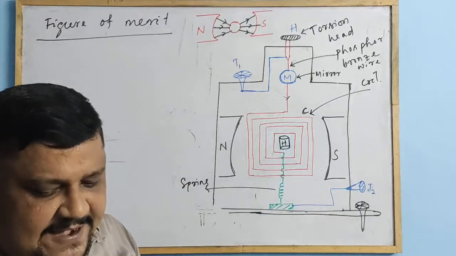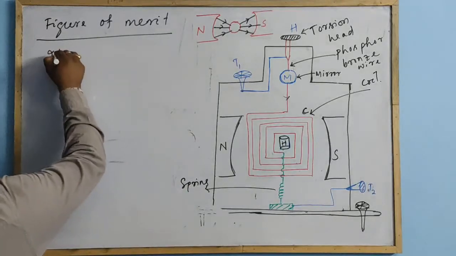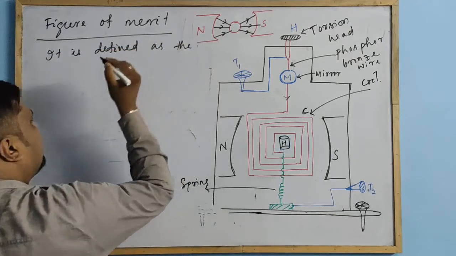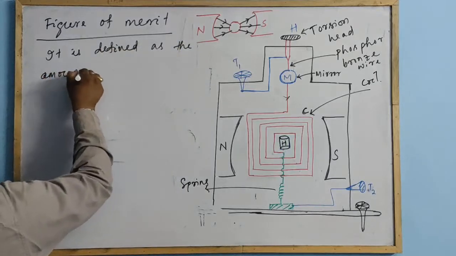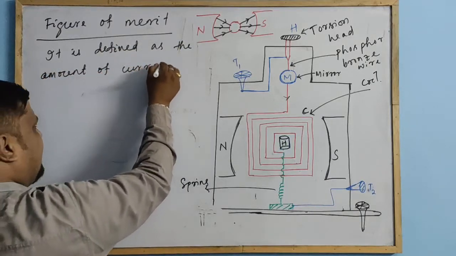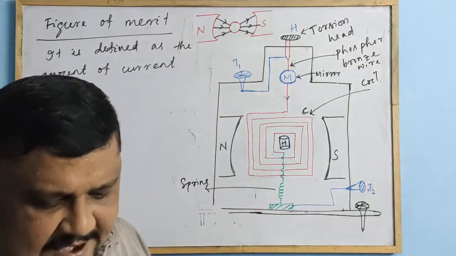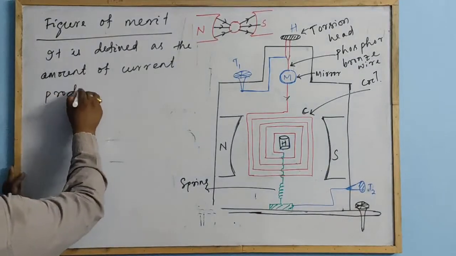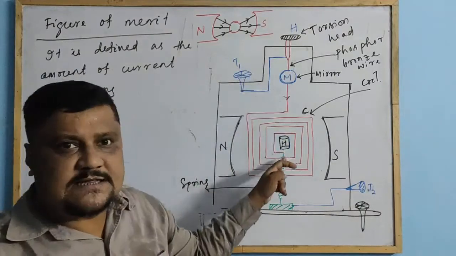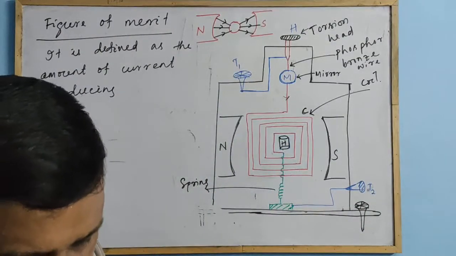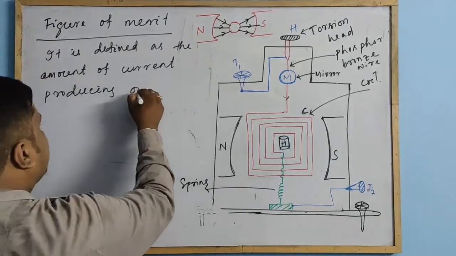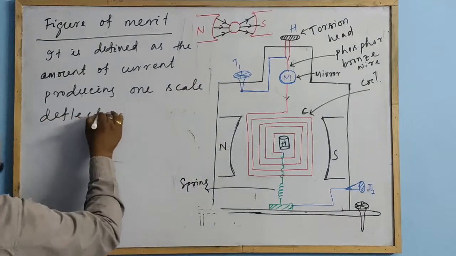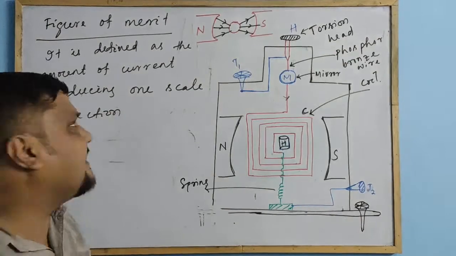The figure of merit is defined as the amount of current flowing in the coil producing one scale or unit scale deflection in the galvanometer. I is equal to k theta, and from that we get the figure of merit.